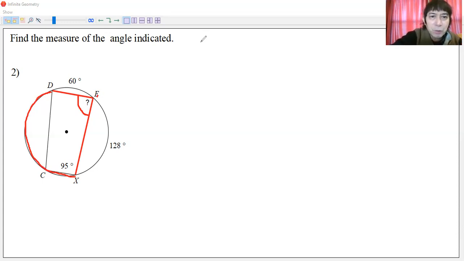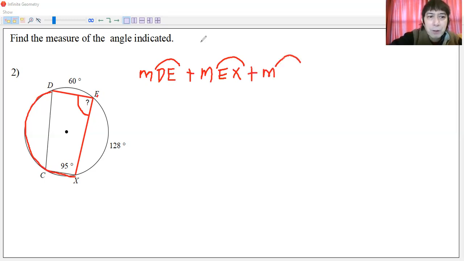Our working equation will be starting from arc DE plus the measure of the next arc, that's EX, plus the measure of the larger arc XCD.